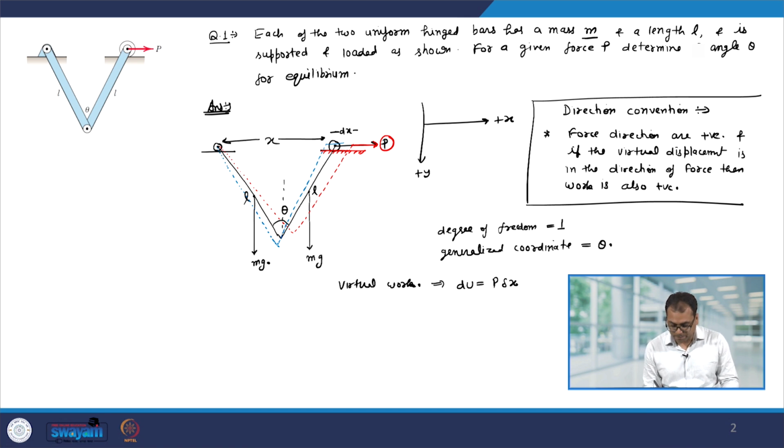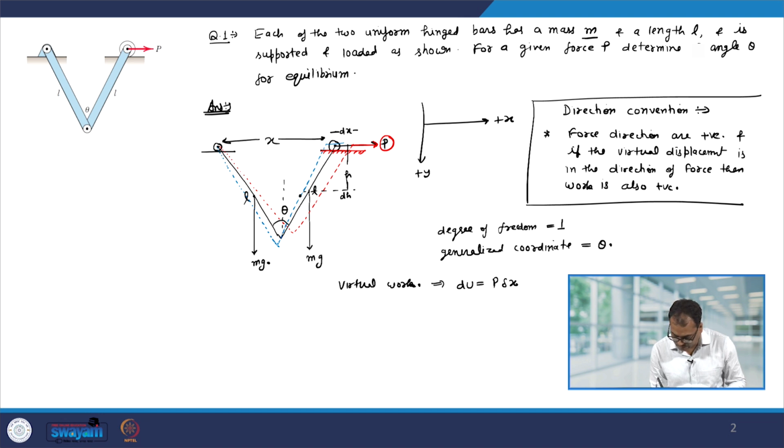Now, because of the mass, you can also see here that let us say this height is h. Because of the mass these bars are going to come close, therefore, their center of mass is going to lower down, let us say by a height dh.